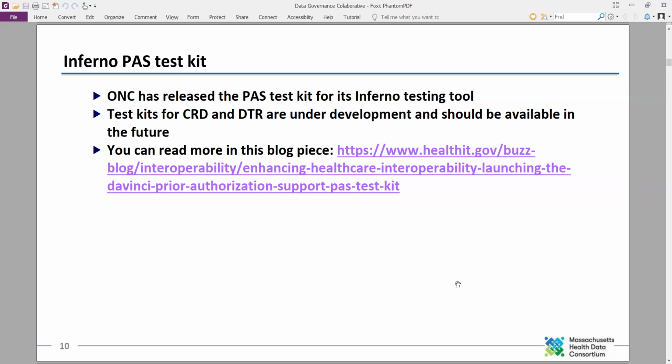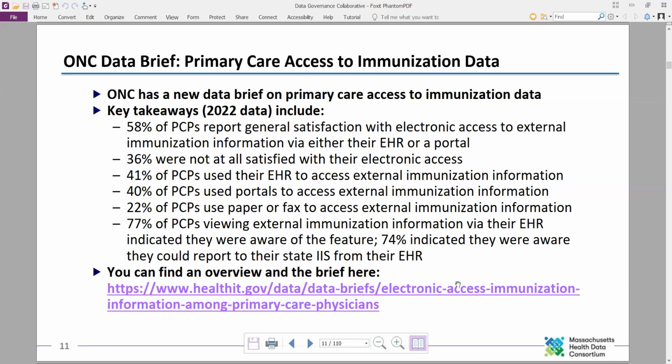All right, moving on. ONC has also put out another data brief. These are always interesting, and this one is about primary care access to immunization data. It is 2022 data.